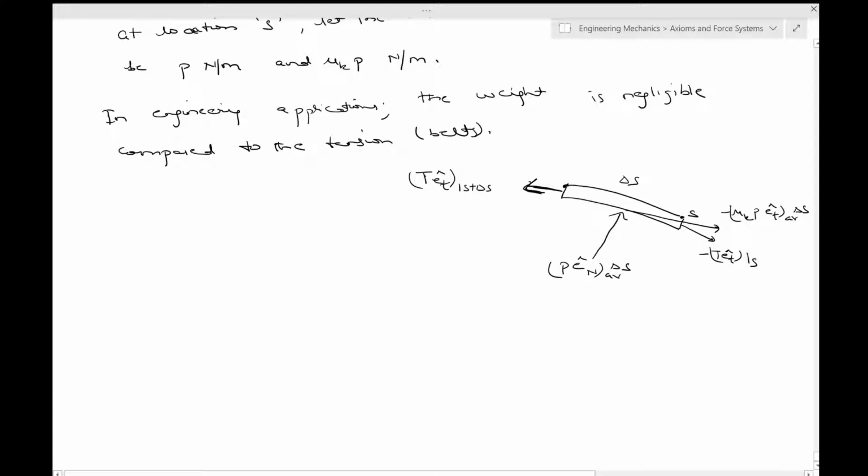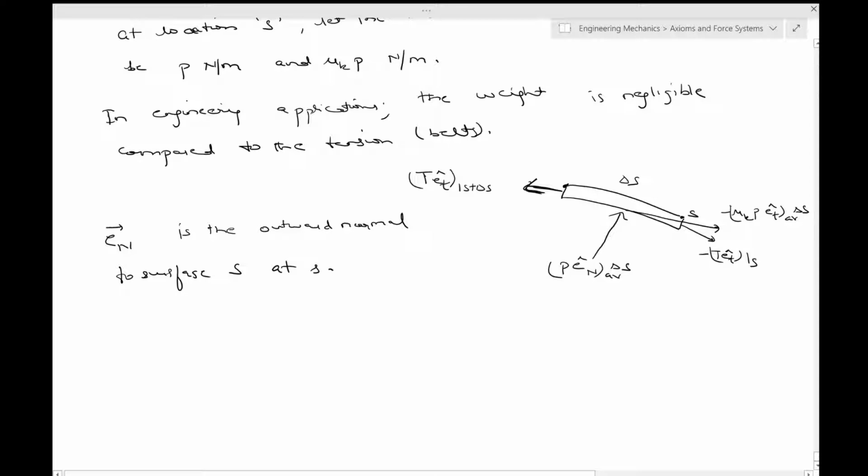Now we also have to mention what e_N is. Capital N is the outward normal to surface S at S, which is this point in the path coordinate.